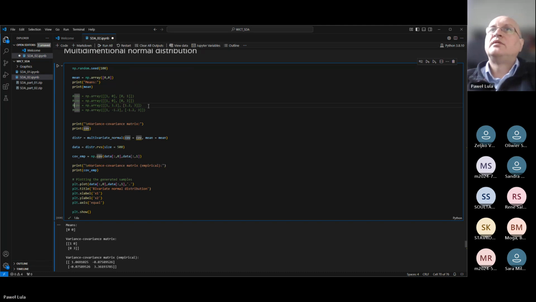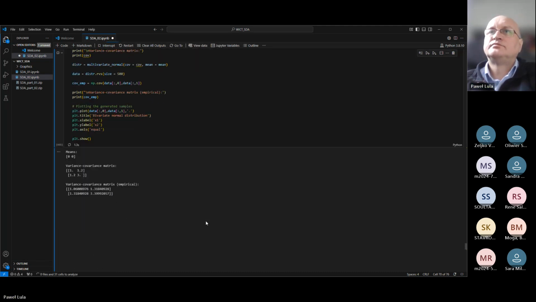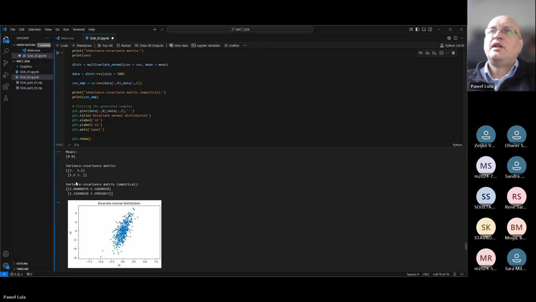Now, the next example. Here our variance-covariance matrix has this form, which we see here.